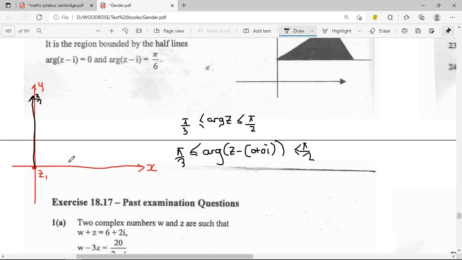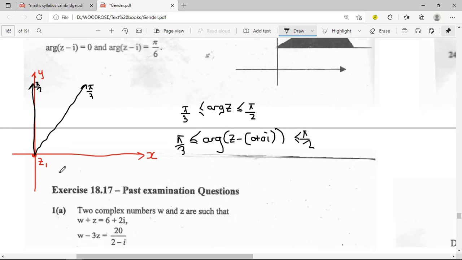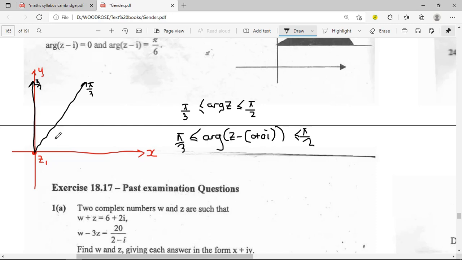Then from z1 we sketch an angle of pi over 3, which is 60, just above the 45. So for this angle, we can say this one is pi over 3. The pi over 3 is coming from this one. This one is pi over 3 and 90 is this one.